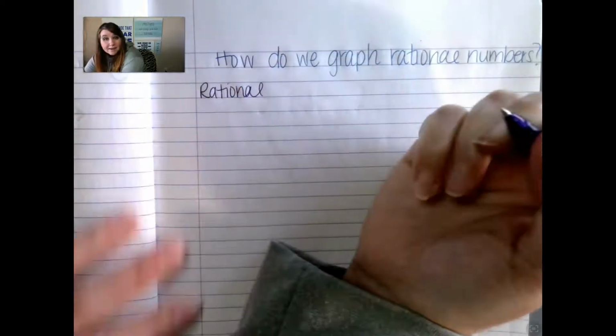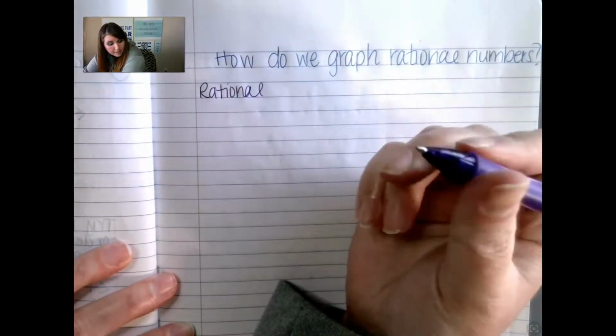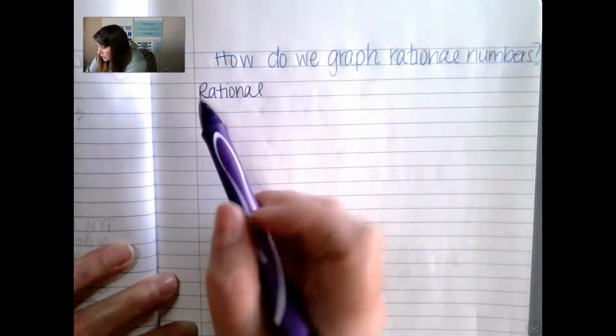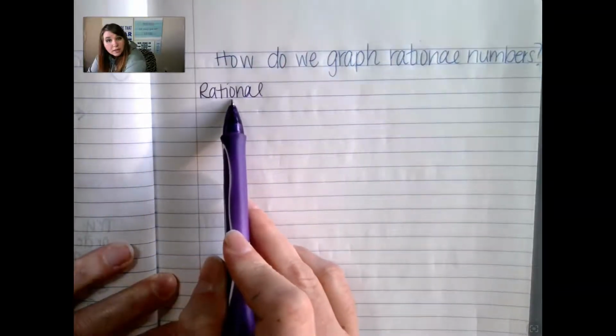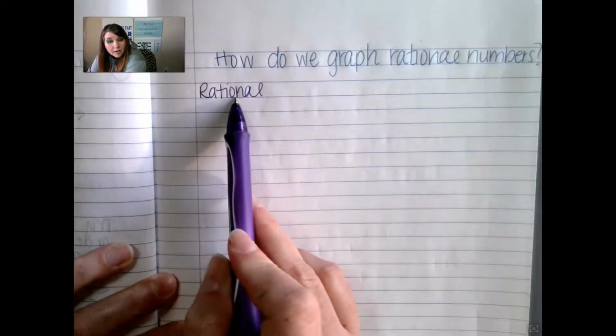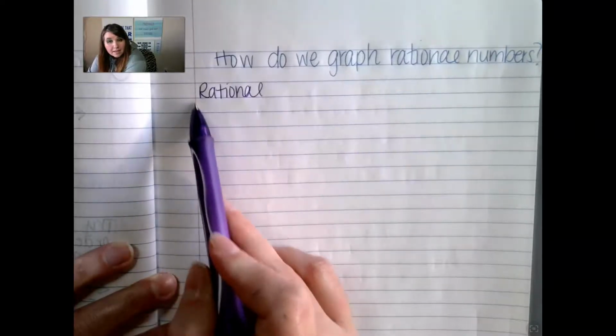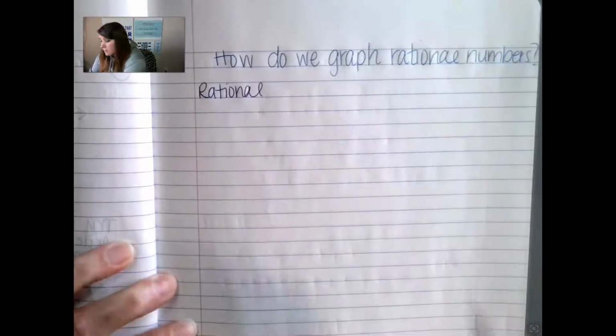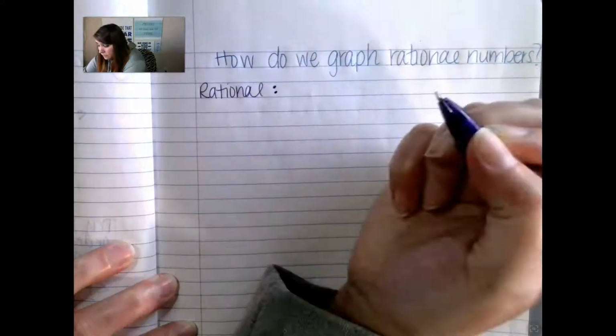So when we're looking at these, rational numbers are both positive and negative, so they're still positive and negative, and they're written as fractions. You can see this idea of ratio in here. Rational has ratio in it, and we know that ratios are written as fractions. So that's how I like to remember this word.